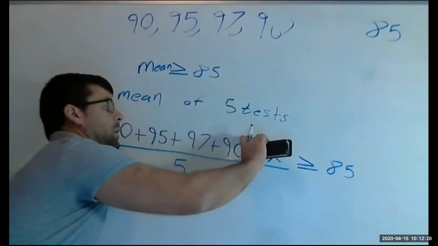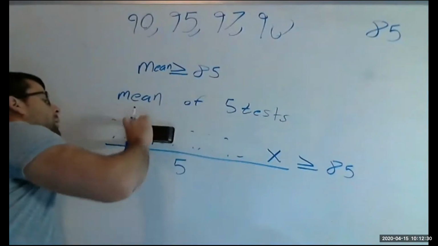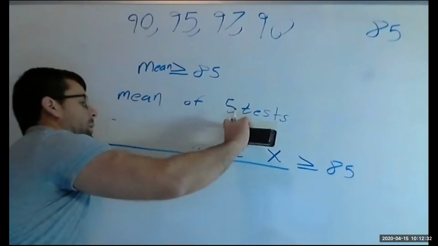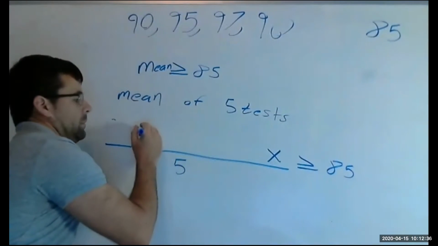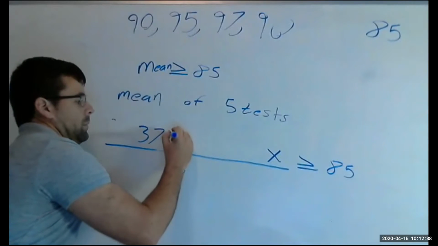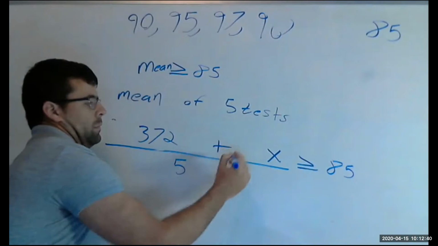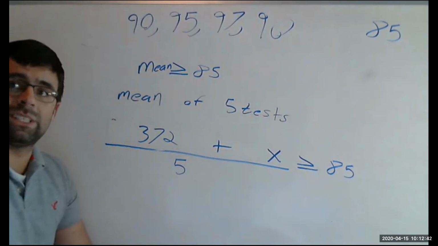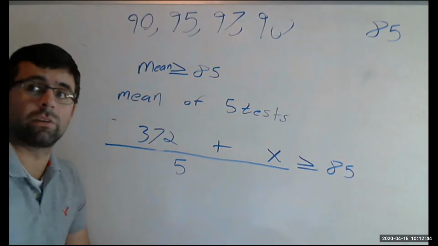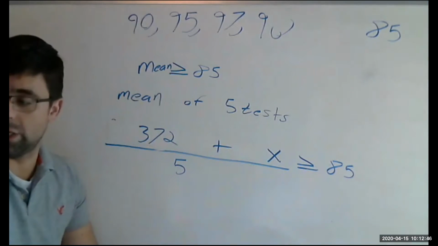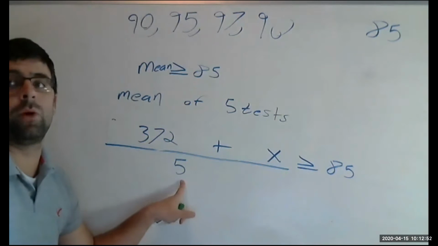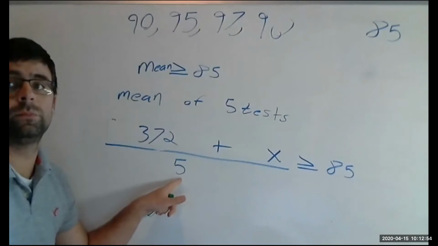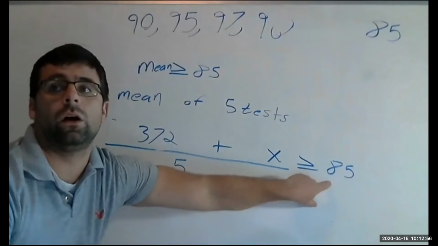So now we have 372 plus x over 5 is greater than or equal to 85. So next, I would probably multiply this 5 over.